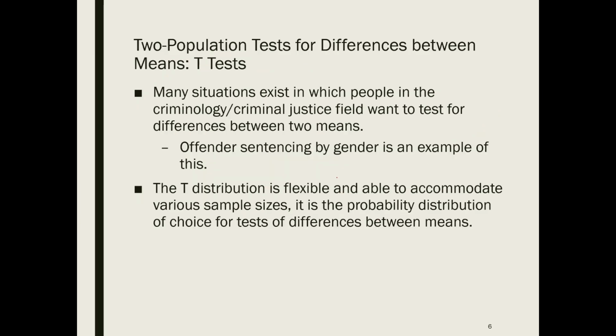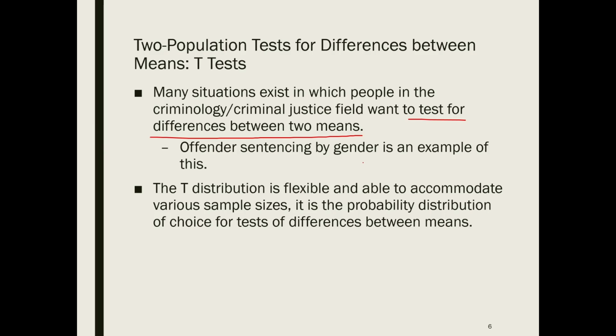In many situations in criminal justice, criminology, and even in most of the social sciences, we are interested in testing for difference between two population means. The offender sentencing by gender in the previous slide is a good example of that.